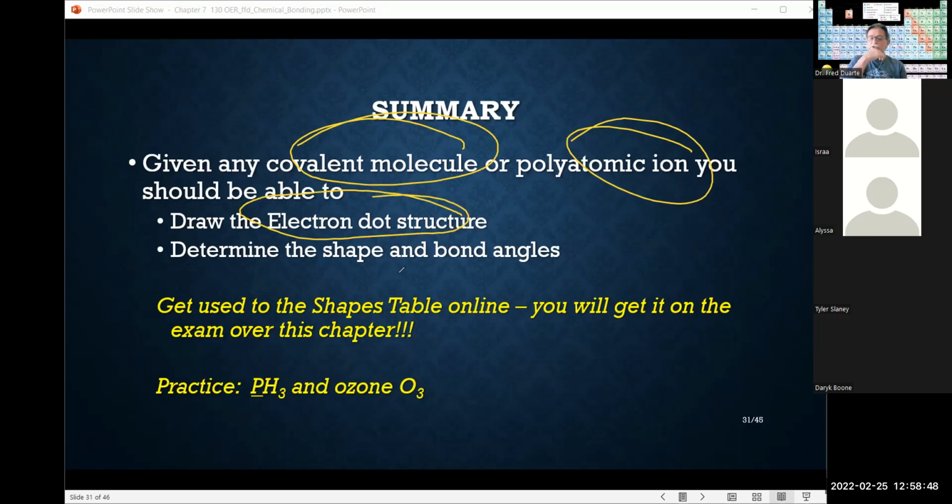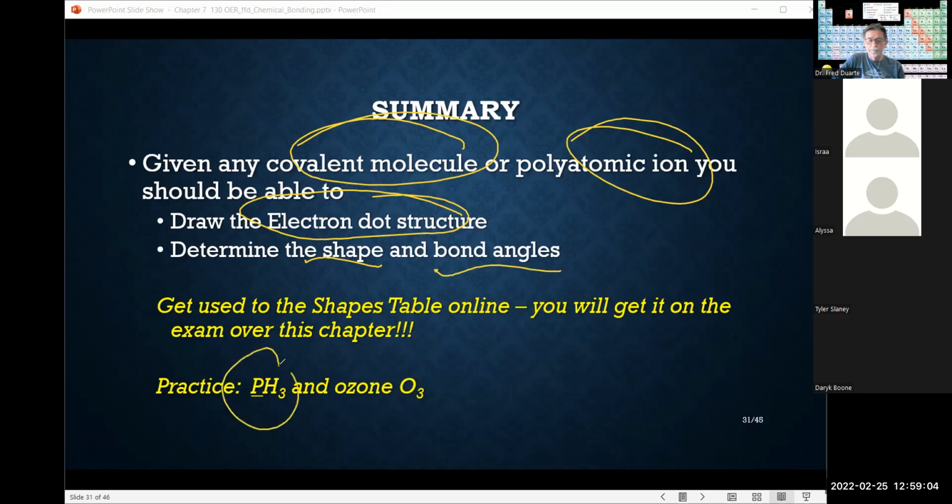In this case, you call it an electron dot structure, same thing. And from that information, determine the shape and the bond angle, which you get from the shapes table.